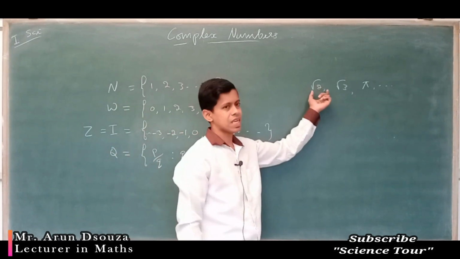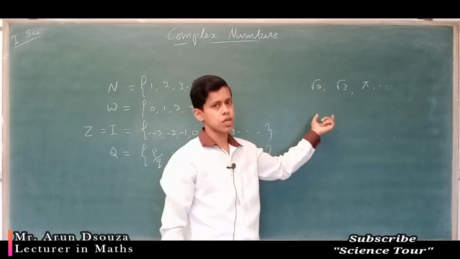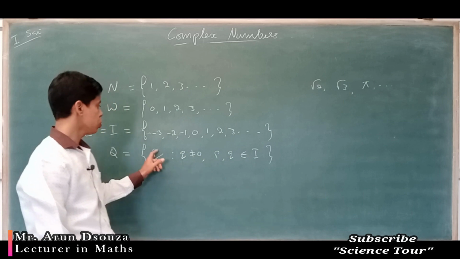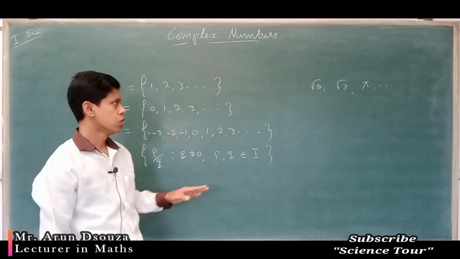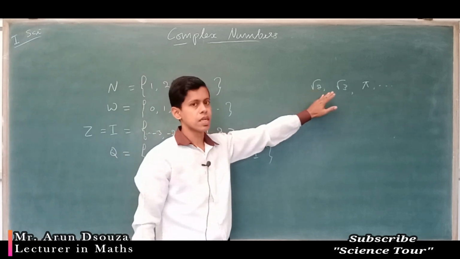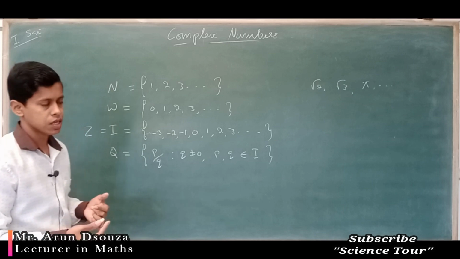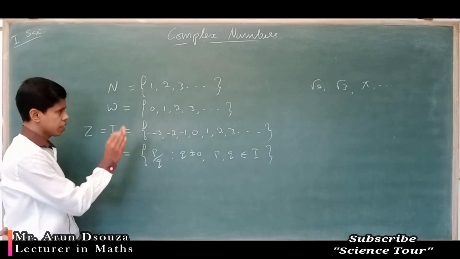Because they cannot be expressed in p by q form. You cannot represent them in the form of p by q, but they are not integers. Those numbers are called irrationals. You have non-recurring decimals there. So that is about irrationals.